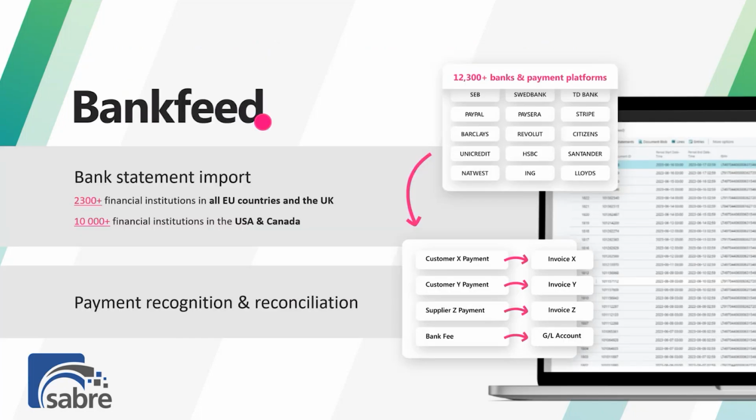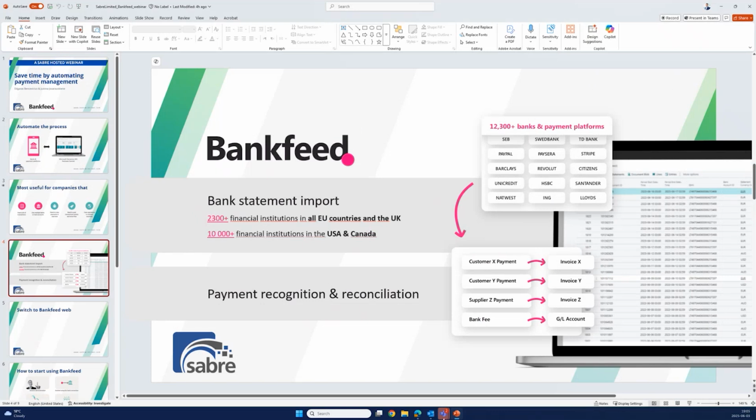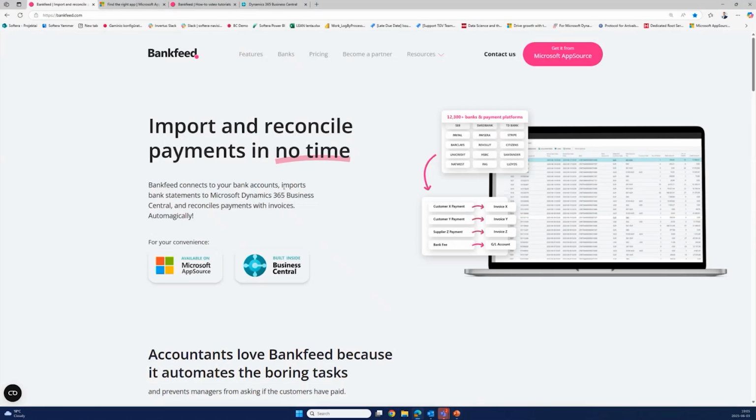As I already told, we are covering more than 2,300 banks in all European Union countries and the UK as well, and more than 10,000 banks and financial institutions in the USA and Canada. Here I would like to stop with my slides and go to our webpage, bankfeed.com, where you can find all information about this amazing app.